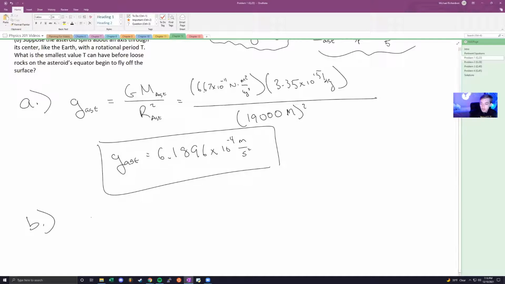So what we'll say here is we'll start to define some of those relationships prior. So knowing that we essentially want to get to the point of this, then why don't we define things like a rotational period or something like that.